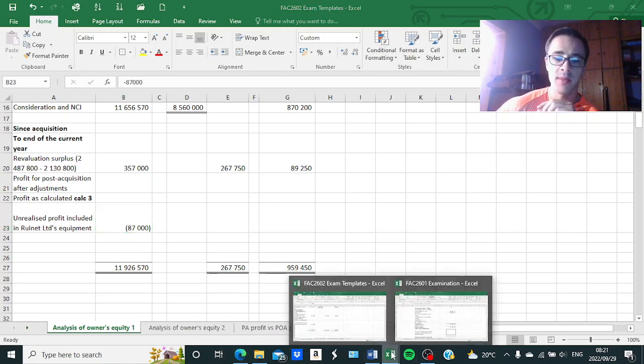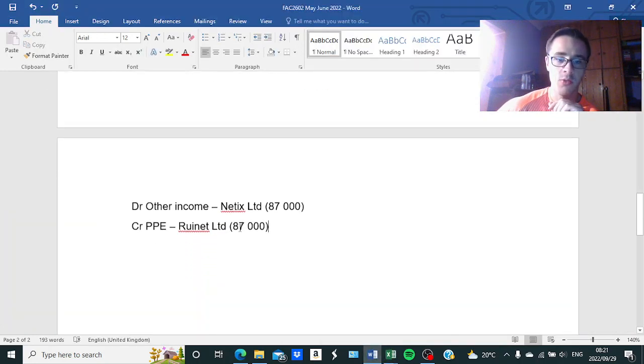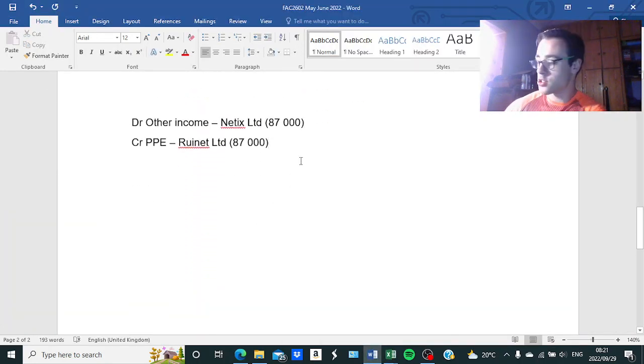Okay, so now that we have eliminated the unrealized profit, we now need to calculate the unrealized depreciation that must also be eliminated. And as you should know, we calculate the unrealized depreciation by taking the unrealized profit into account.